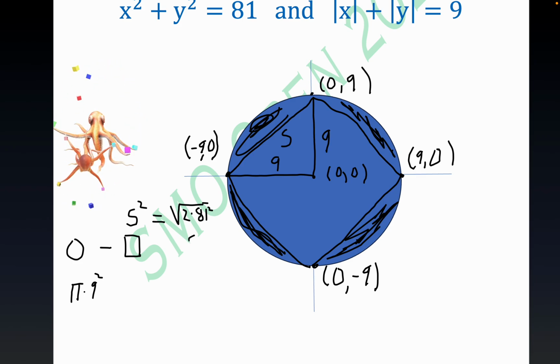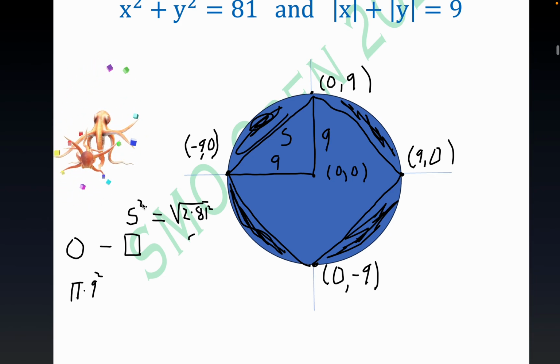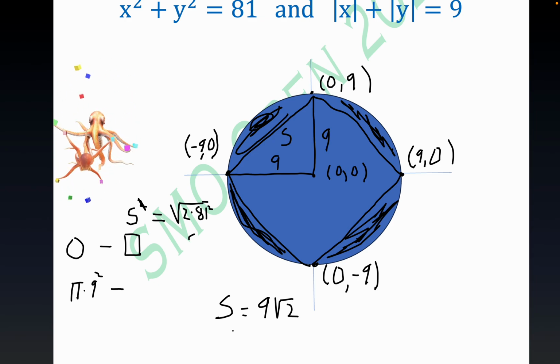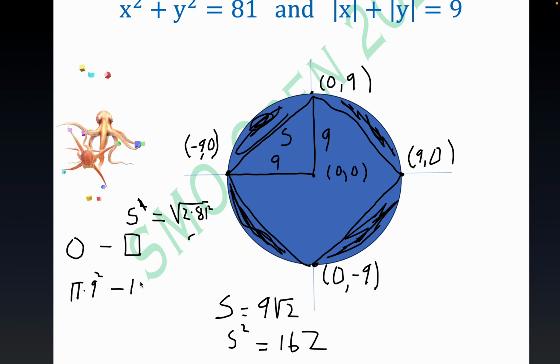So S squared is equal to 162. I was going through some unnecessary steps here and was confused with my calculations. So anyway, we get this statement right here: pi times 9 squared minus the square of this side, which is 162.